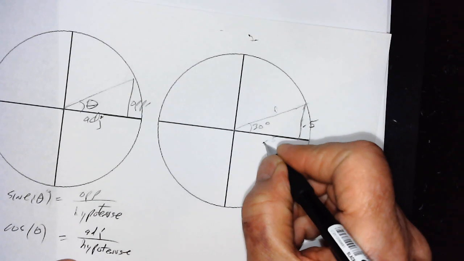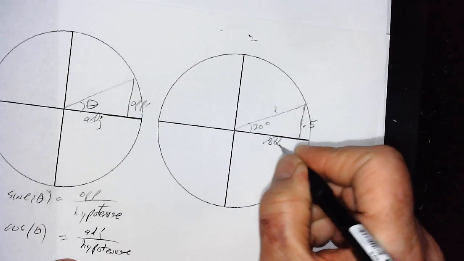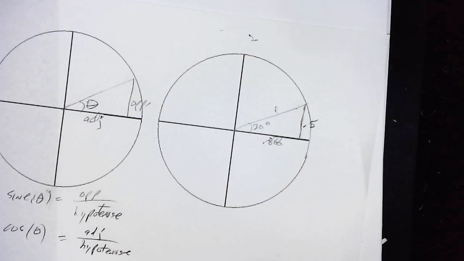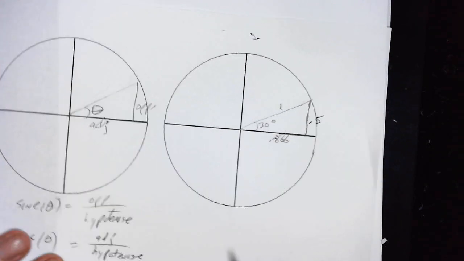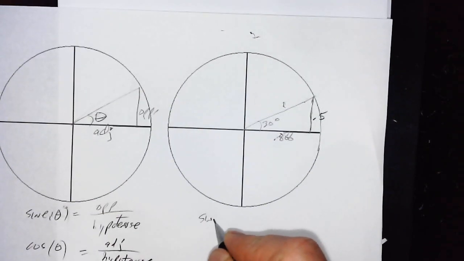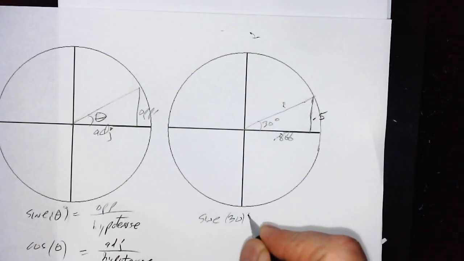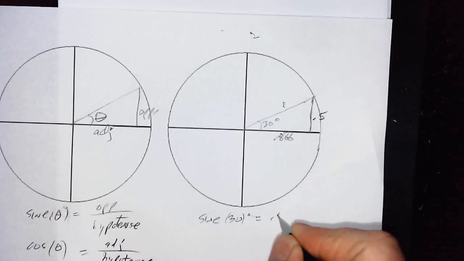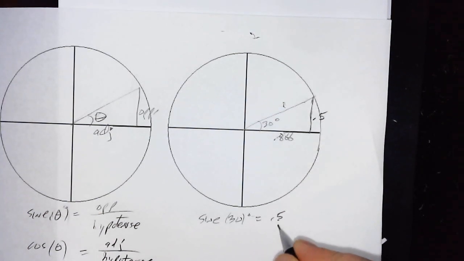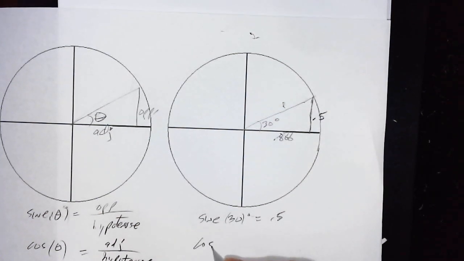The adjacent side is something like that. That's always true when you have 30 degrees. I'll put the sine of 30 degrees equals 0.5. You could look it up on a calculator, the cosine of 30 degrees.